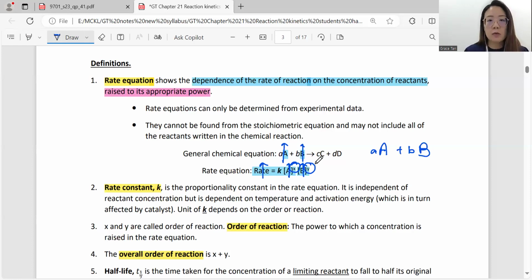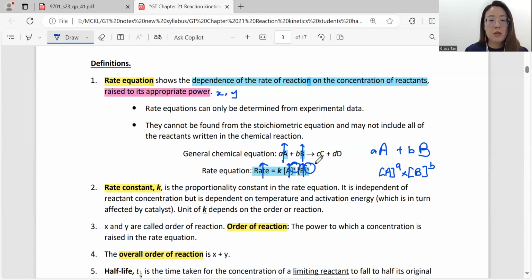If you recall your Kc, Kp, or any equilibrium constant, the normal practice is where we raise to the number of moles. Am I right? But in a rate equation, we do not raise to the number of moles. We raise to its appropriate power, which we do not know, called x and y.